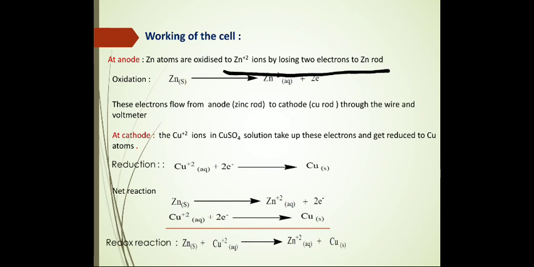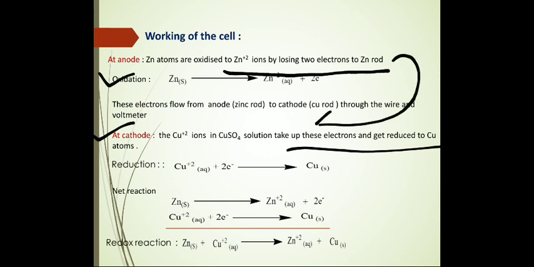So it is an oxidation reaction. And at the cathode, Cu2+ ions in the copper sulfate solution take up these electrons. The electrons lost by zinc are taken up by the Cu2+ ions, and they are converted to copper atoms.